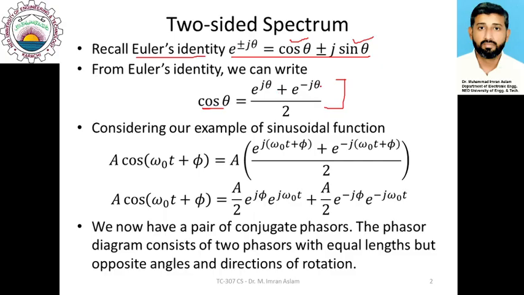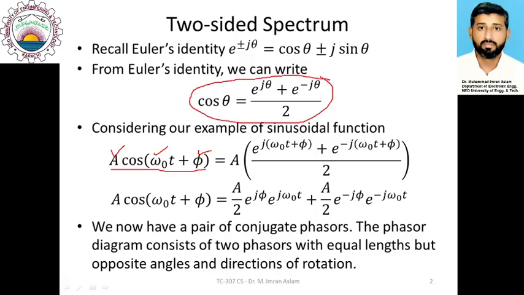Now let us turn our attention to the sinusoidal example that we were discussing in our last lecture, a sinusoidal function represented by the expression a cos of omega naught t plus phi, where a is the amplitude of the sinusoid, omega naught or f naught is the frequency, and phi represents the phase angle. Using the identity cos theta is equal to e raised to power j theta plus e raised to power minus j theta upon 2, we can transform this sinusoidal function into complex exponentials.